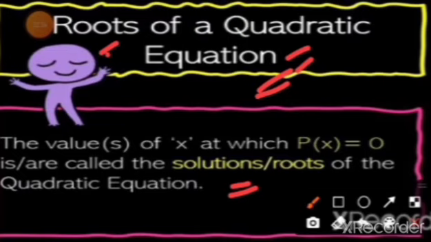What are these? The value of the variable which satisfies the equation, then that value is called the zeros or roots or solutions of the quadratic equation. So value of x at which p(x) is equal to 0 is called the solution and roots of the quadratic equation.